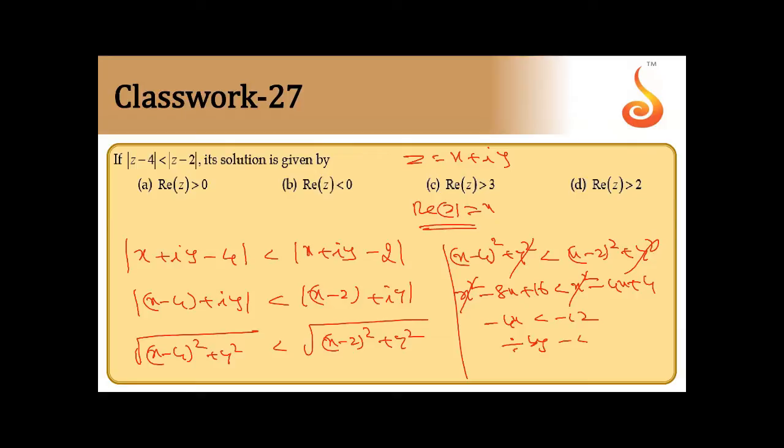Divide by minus 4, inequality will change to greater than. Okay, x greater than 3. Yes, Sankalp, very good. Real part of z greater than 3. So option C is the right answer.